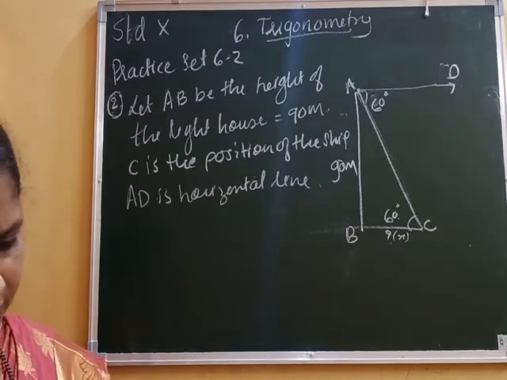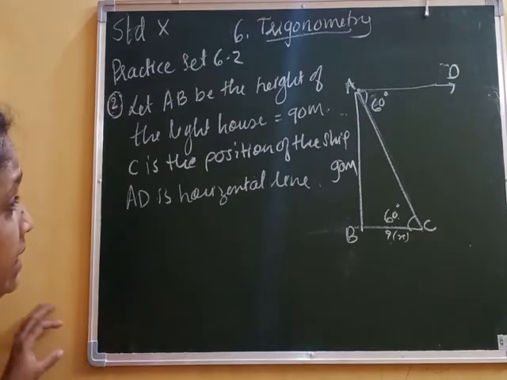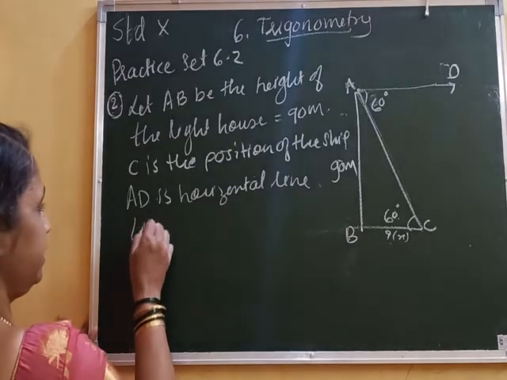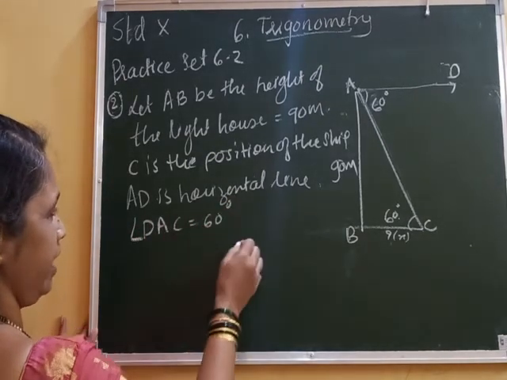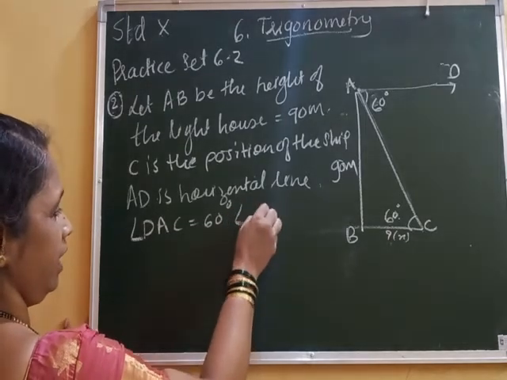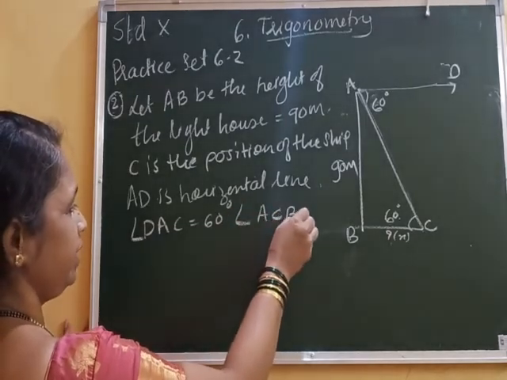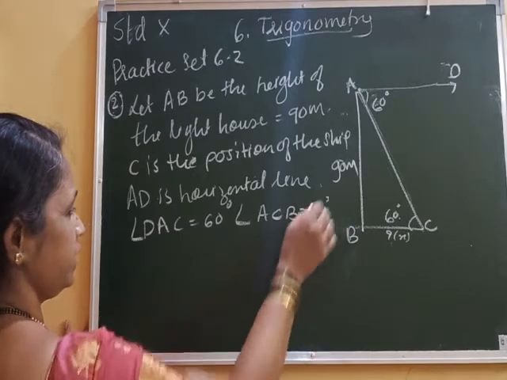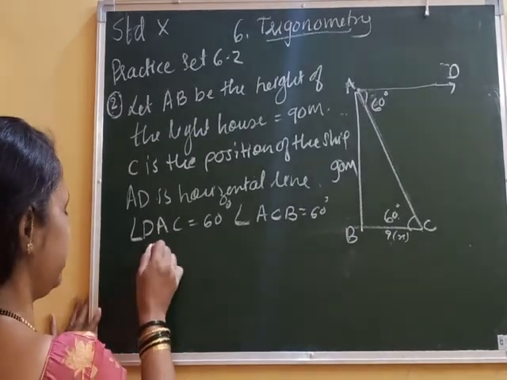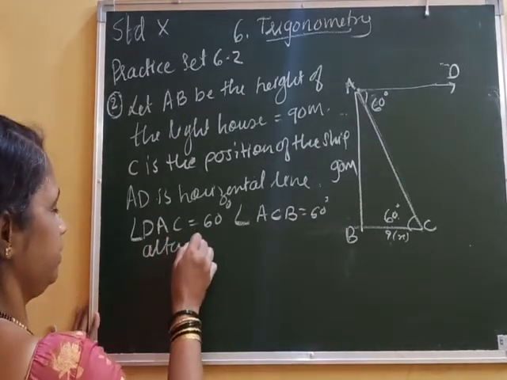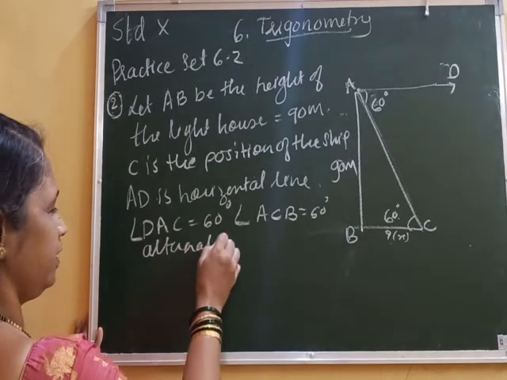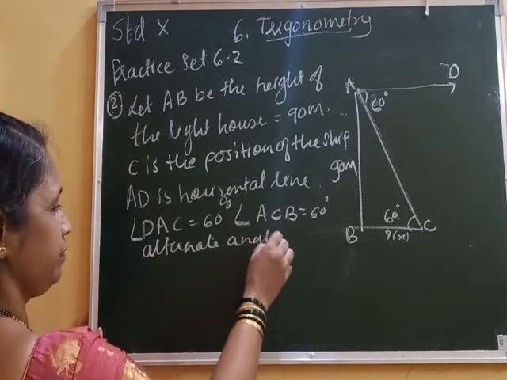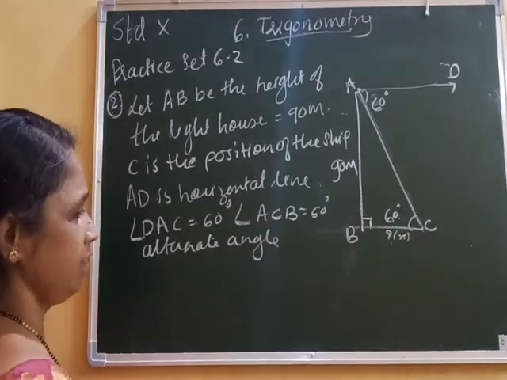Now horizontal, and it makes an angle DAC, which is equal to 60 degree, and this angle ACB is also 60 degree. Alternate angles. Okay. Now see, now here this B angle is right angle.